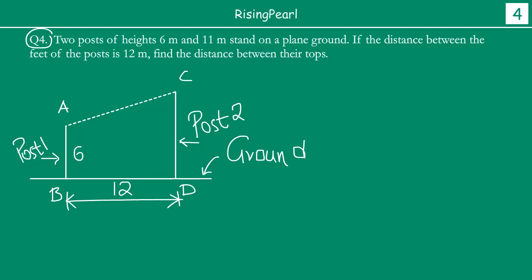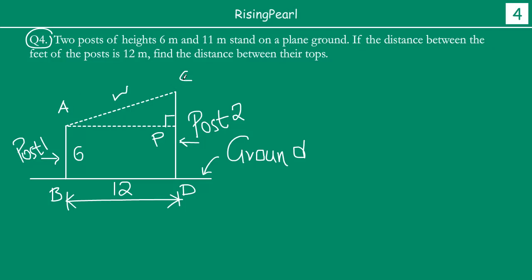The way we are going to solve this question, friends, is we are going to do one simple construction. From A, we are going to draw a straight line which is parallel to the ground, intersecting CD at a point, let's call it P. The reason we want to do this is because we want to have a right angle triangle here, because AC is the length we need to find.